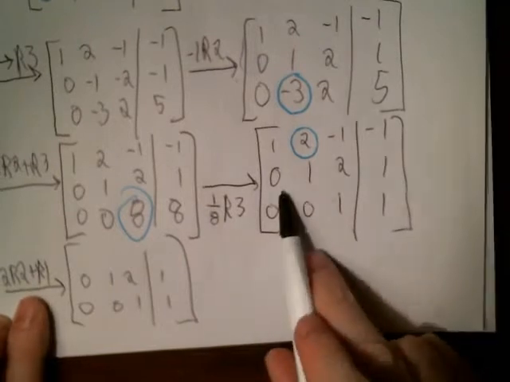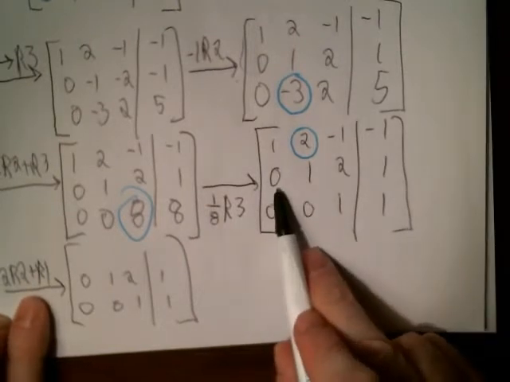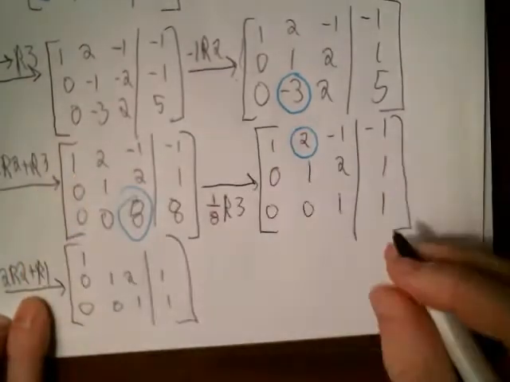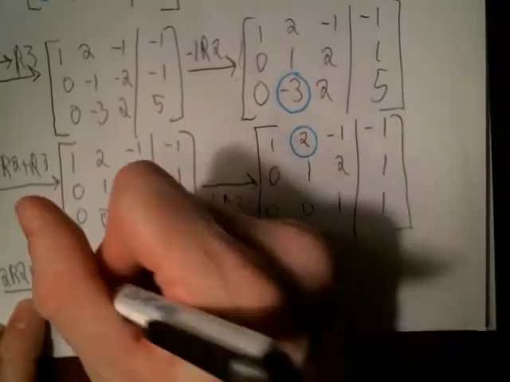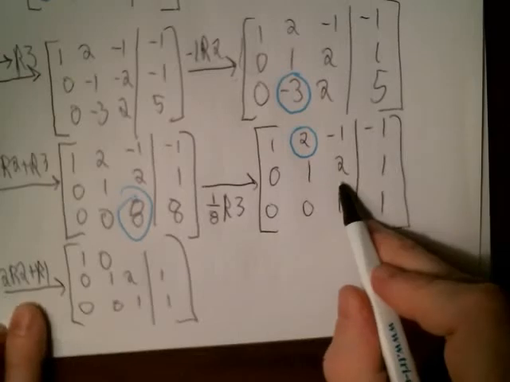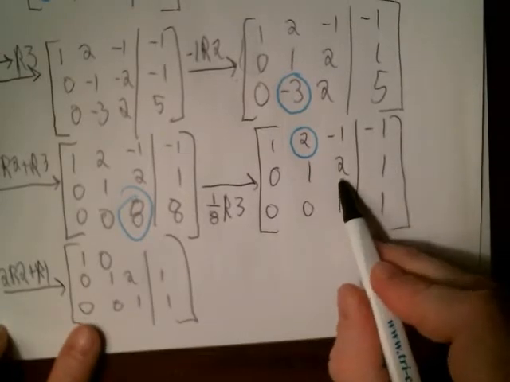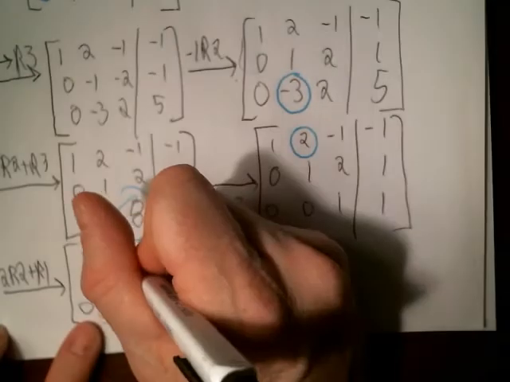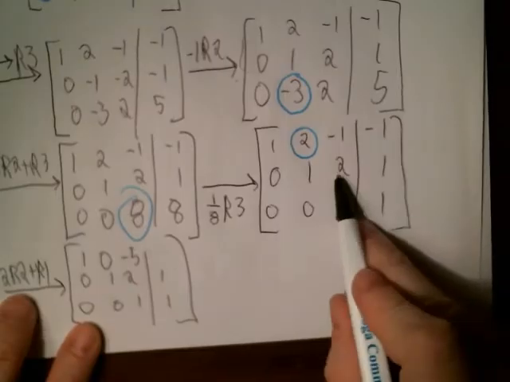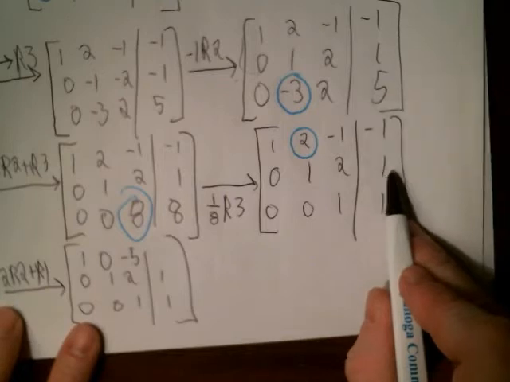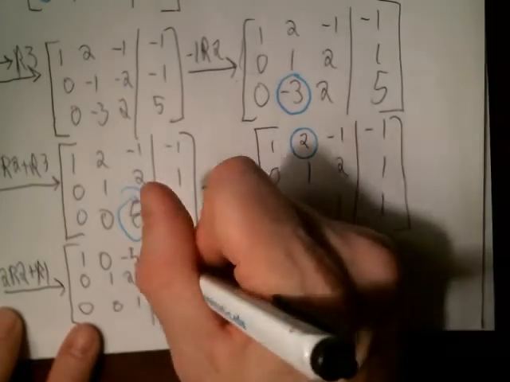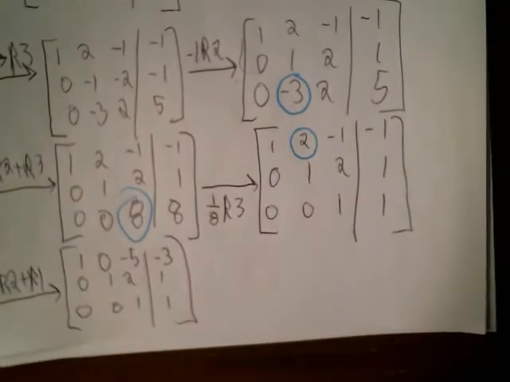And then -2 times row 2. So -2 times 0 is 0, plus 1 is 1. -2 times 1 is -2. -2 plus 2 is 0. -2 times 2 is -4. -4 plus -1 is -5. -2 times 1 is -2. -2 plus -1 is -3.